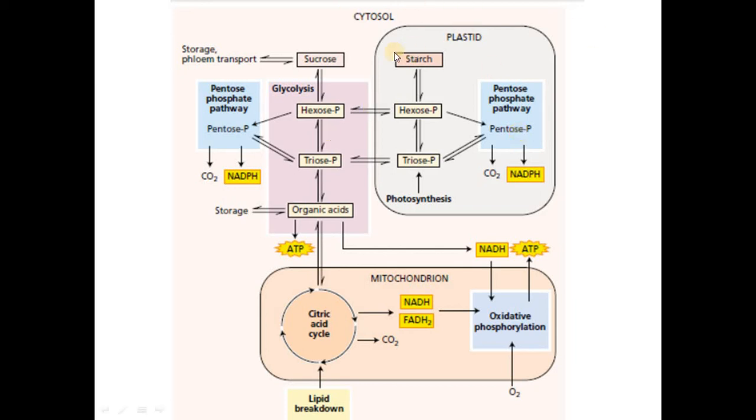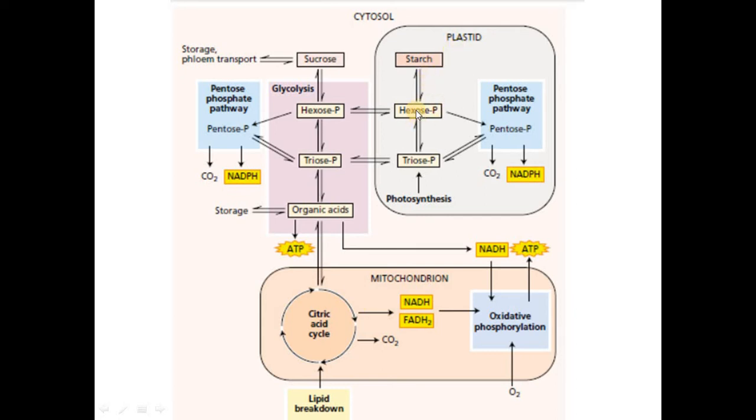Of course, in animals, you don't have these, so you wouldn't have a plastid. So you can note that there will be some minor differences, because in animals, once you eat your chocolate, your sucrose, you enter your needed amounts of glucose, then it goes kind of straight down to the mitochondria.